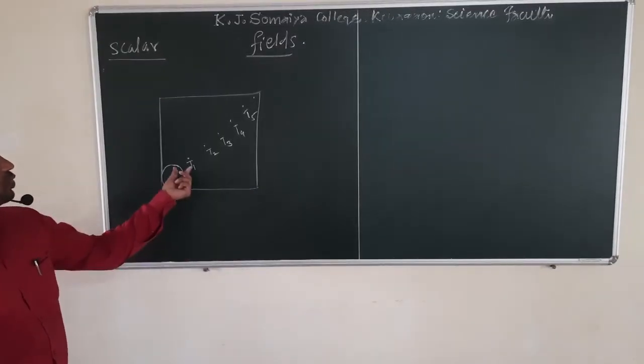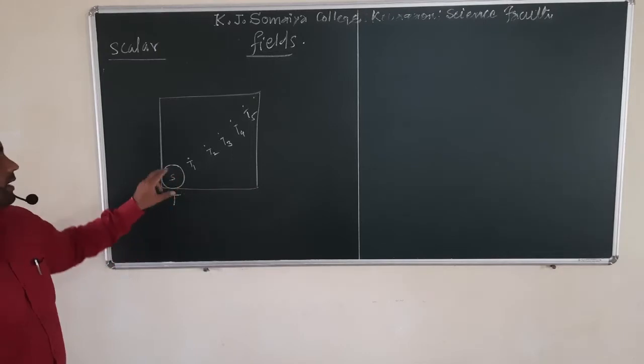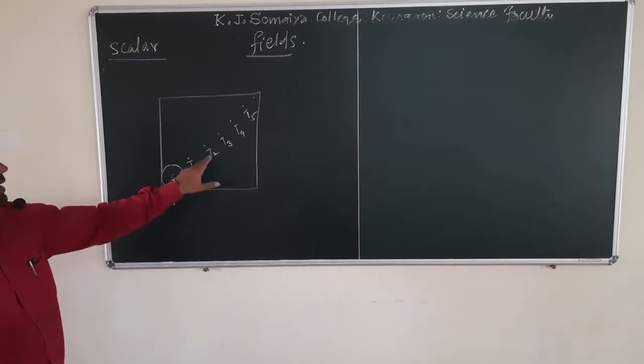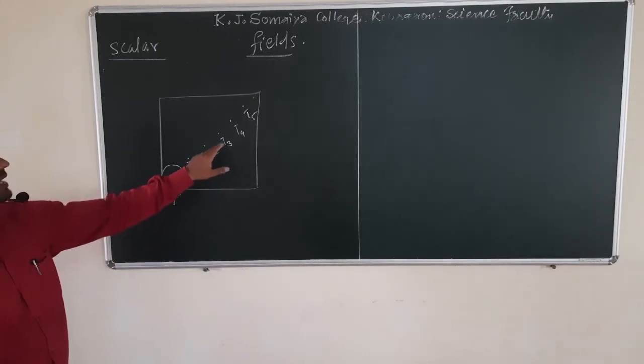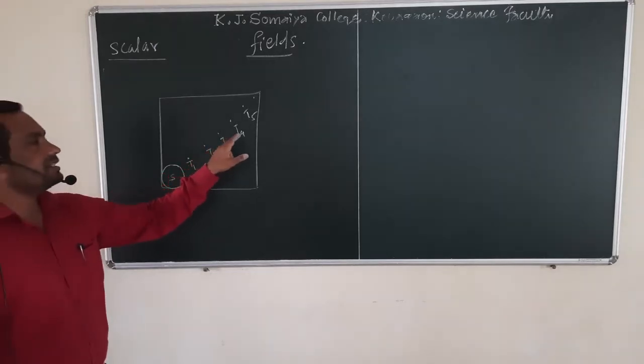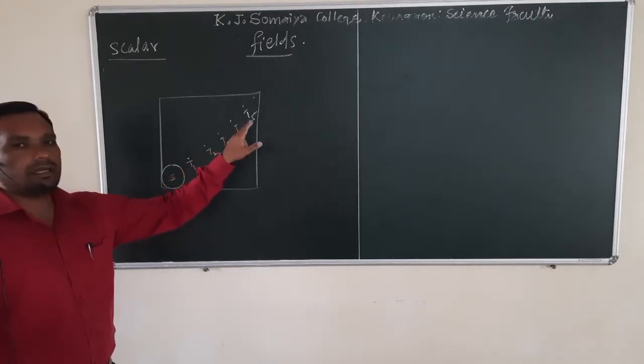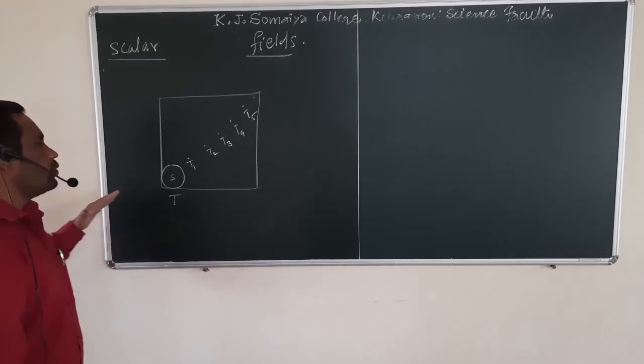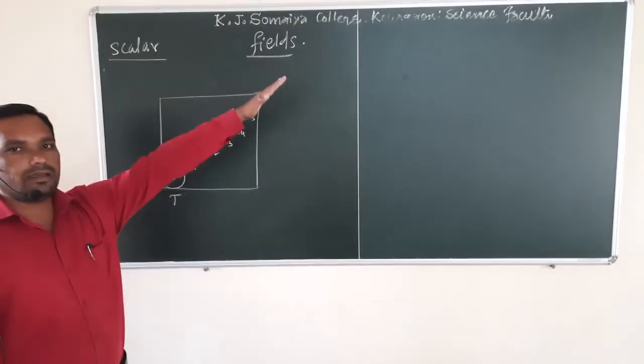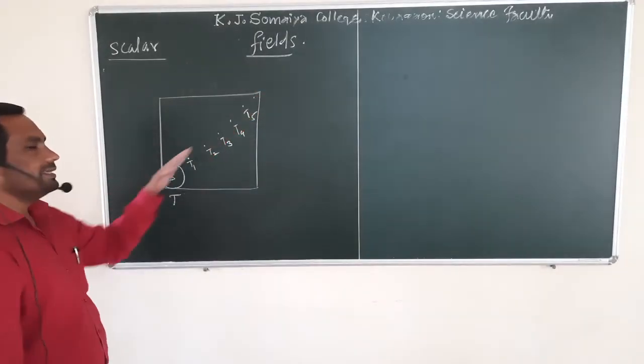Near the source, temperature T1 is higher than T2, which is higher than T3, which is higher than T4, which is higher than T5. So as we move away from the source, temperature goes on decreasing.